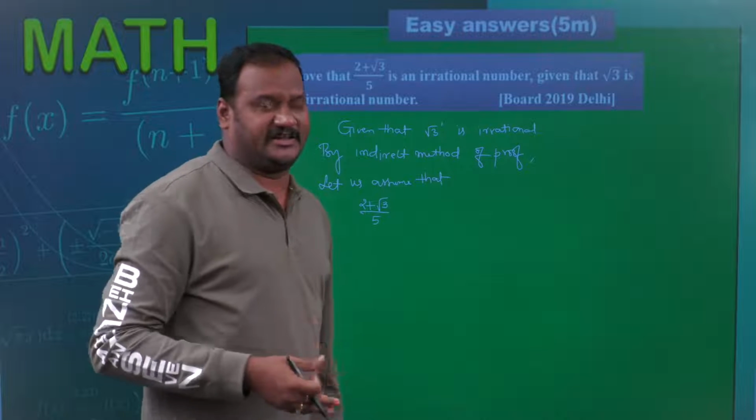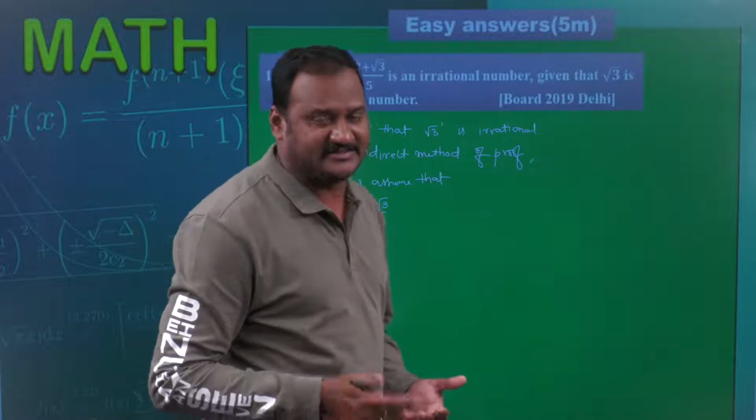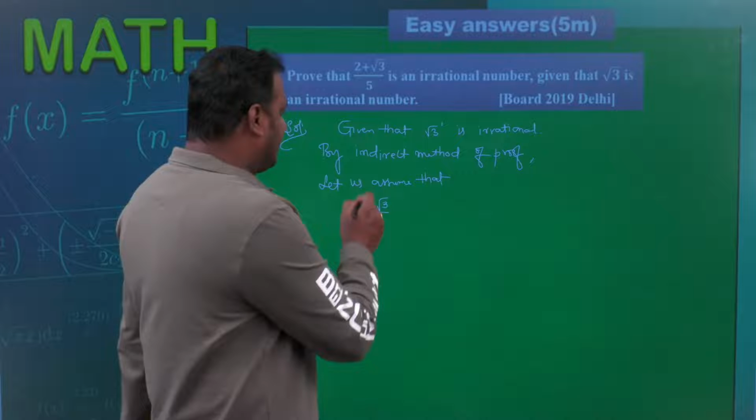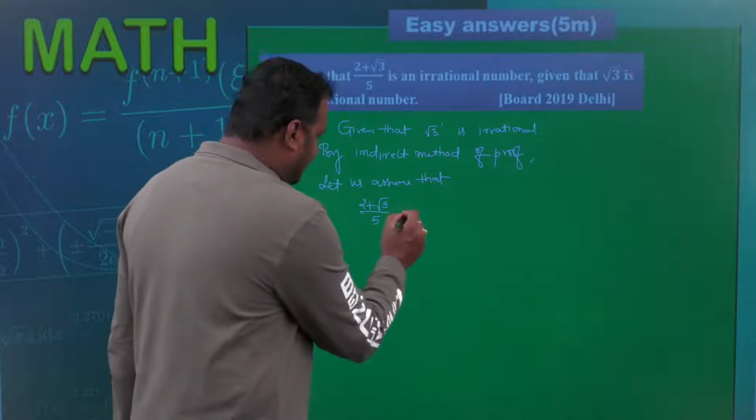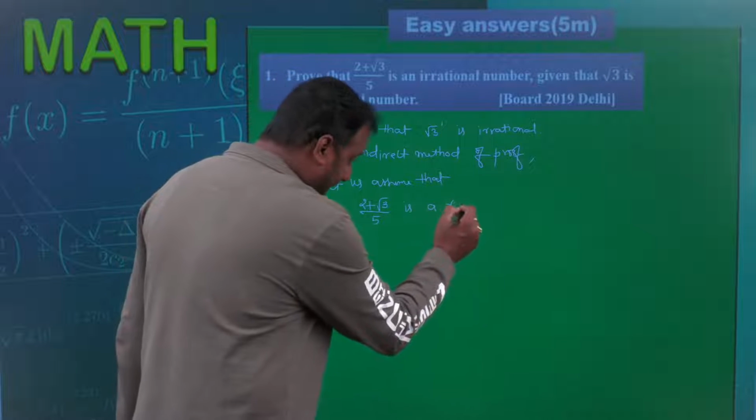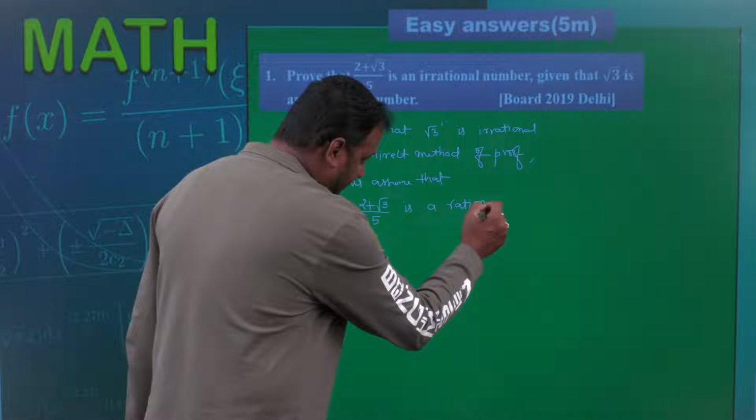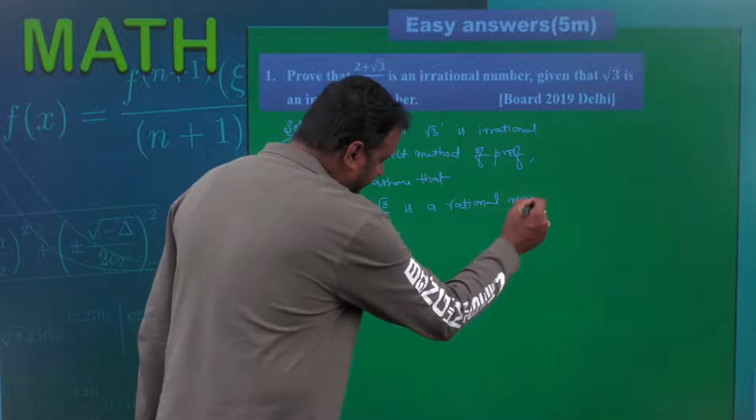If a number is not an irrational number, then what kind of number is it? Must be a rational number, right? So let us assume that 2 plus root 3 by 5 is a rational number.